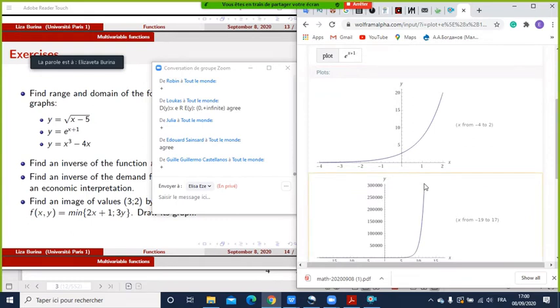Yeah, so our y should be positive, so not just non-negative but positive. Y cannot be 0 in this case. And our x can be whatever.